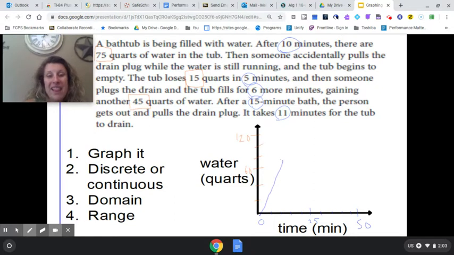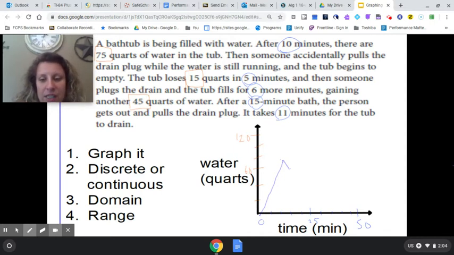Okay, then we accidentally pull the plug and it loses 15 quarts in 5 minutes. So at time 15, it's going to drop to 60 quarts. Okay, then we start filling it again and we put in an additional 45 quarts of water. That's going to get us to that maximum of 105.